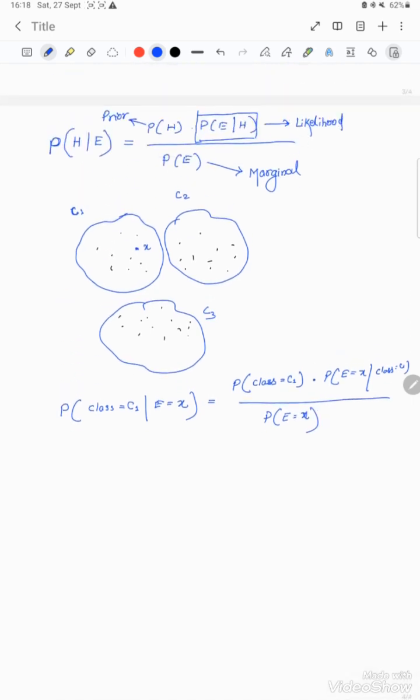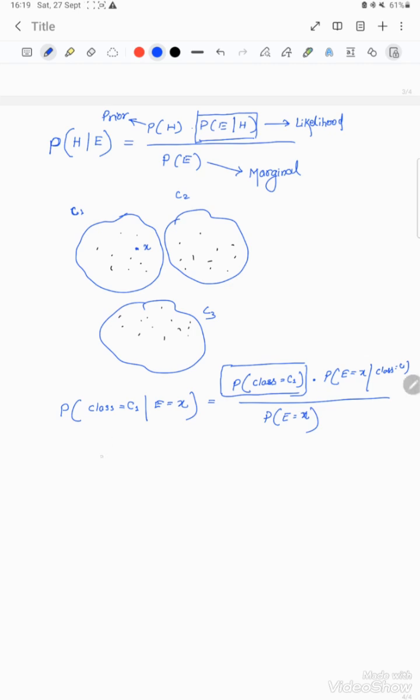This is called the prior. Prior means you know 3 classes are there, and you have some assumption about the probability of each class. Let's say you have samples; by counting you can get a notion of the probability of class 1. Let us assume that these 3 classes are equally likely.